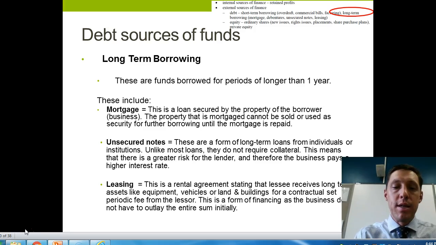Thirdly, we've got leasing. Now some people might think, well, why is leasing a form of debt finance? One of the reasons being that, as I'll explain how leasing works, leasing is freeing up capital that can be used for other things, and generally for the long term as well. So leasing is a method of getting access to assets the organisation may require, but doesn't require them to go and purchase those assets.